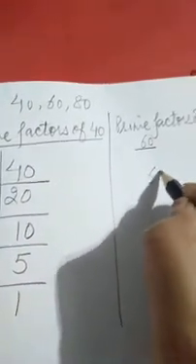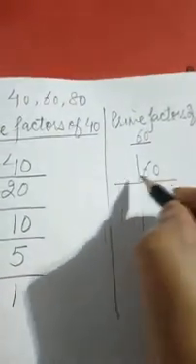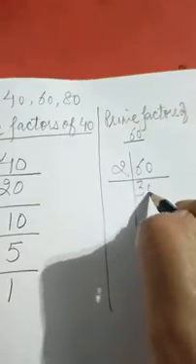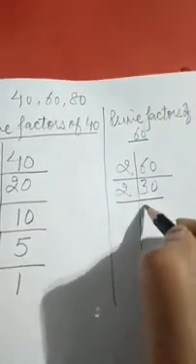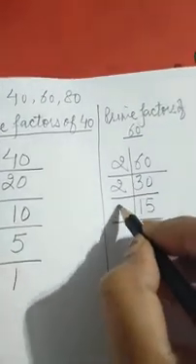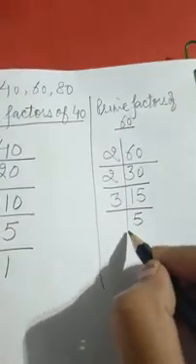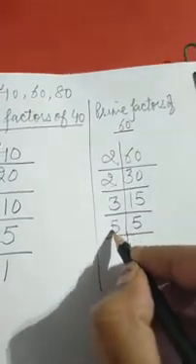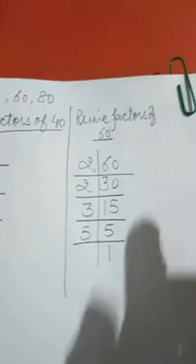Then prime factors of 60. 60 is divisible by 2, here 30, then again by 2 we will get 15. It is divisible by 3, we will get 5. Then 5 is a prime number, it will be divisible by itself.